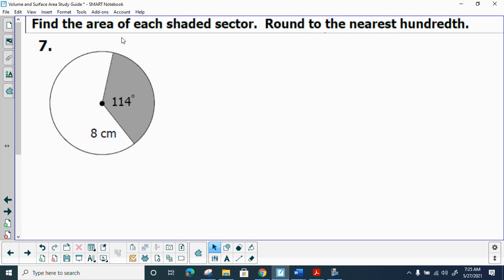We have a part of a circle, and a part of a circle is called a sector. And for the area of the entire circle, it would be pi r squared. So if we just want some part or some fraction of the circle, we need to figure out that fraction.